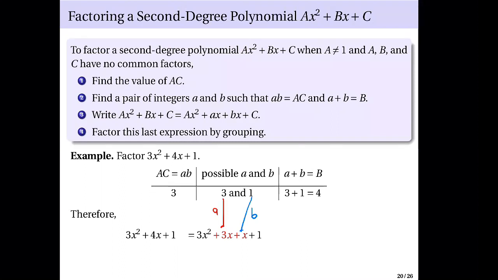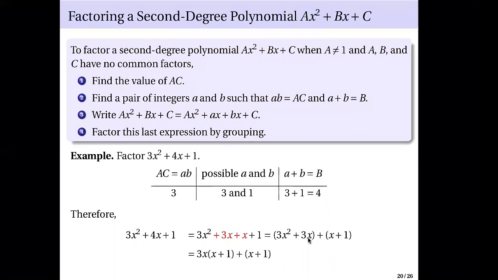And then you do this by grouping now. You group 3x squared plus 3x, and then you group x plus 1. Looking at this group, 3 is a common factor, and x is also a common factor.